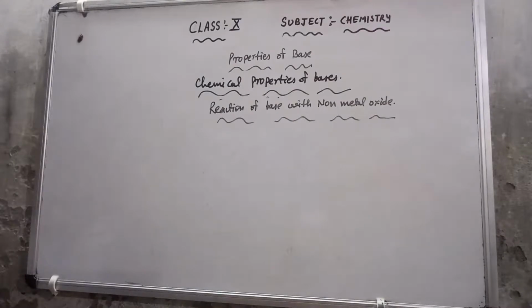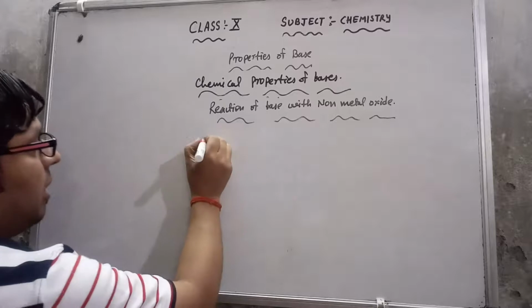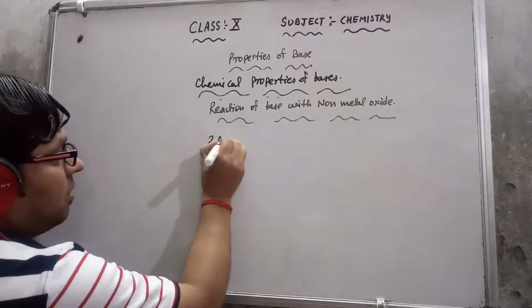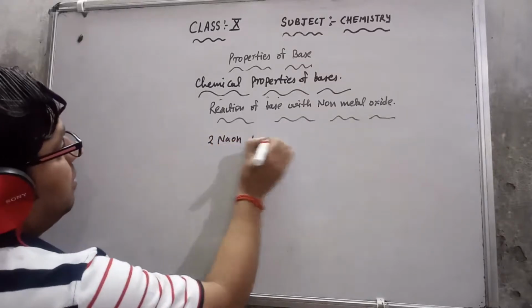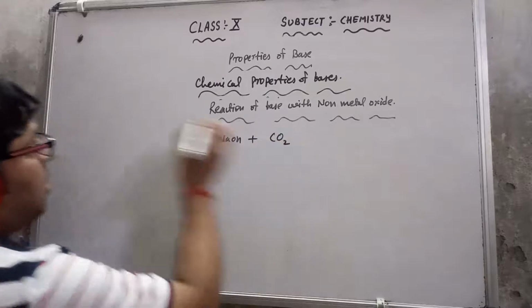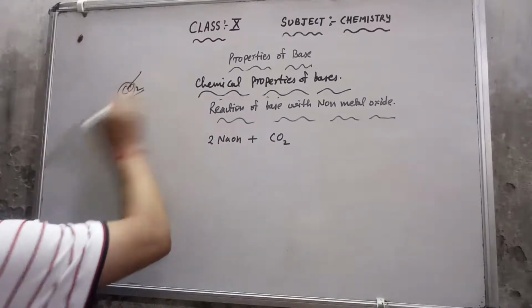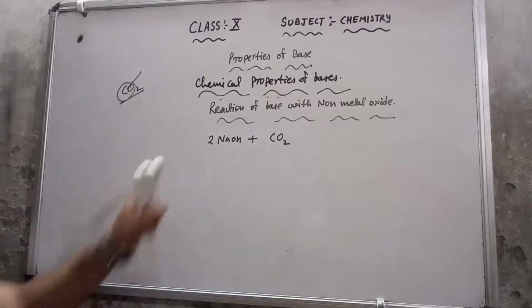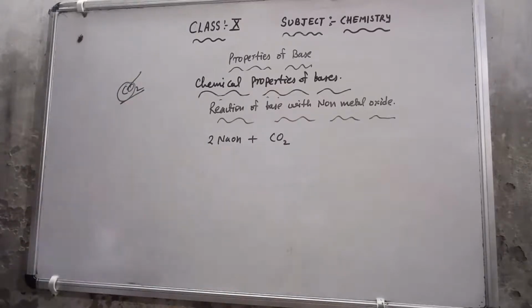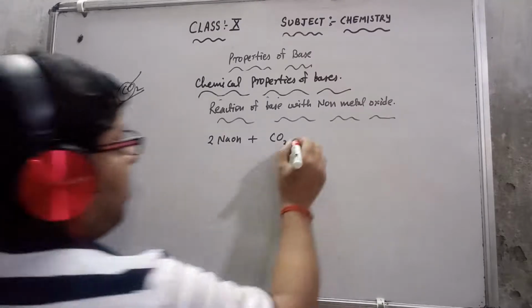Now, the non-metal oxide I'm having is carbon dioxide. I'm having a base, suppose this is NaOH. The non-metal oxide is carbon dioxide, because carbon is a non-metal, so its oxide is CO2. The base reacted with carbon dioxide will give us sodium carbonate.